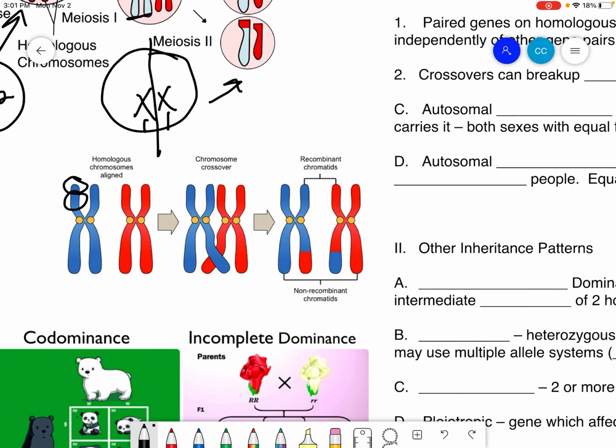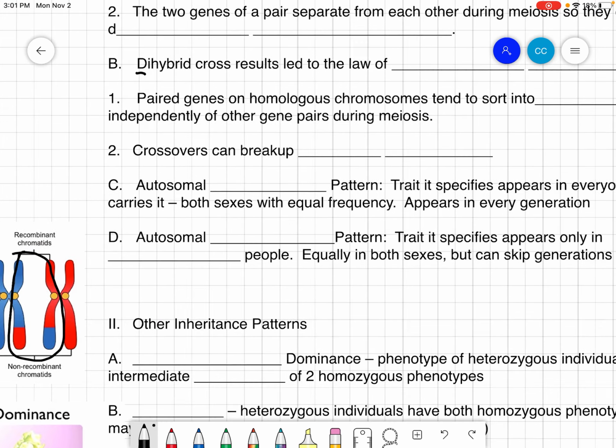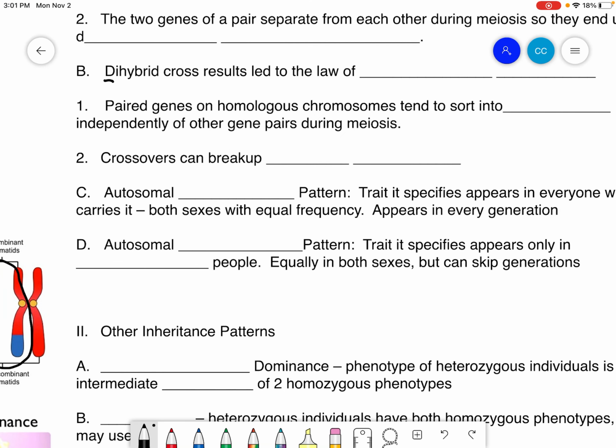But if you're not linked, and let's say you have a gene on this end and a gene on this end of the chromosome, then you could be inherited independently of each other because these are non-linked genes. So if crossing over occurs and some of mom's chromosome gets on dad's and dad's on mom, the recombinant chromatids now would look different. And so on non-linked genes, you can mess up those laws of independent assortment. So it says here, crossovers can break up linkage groups.